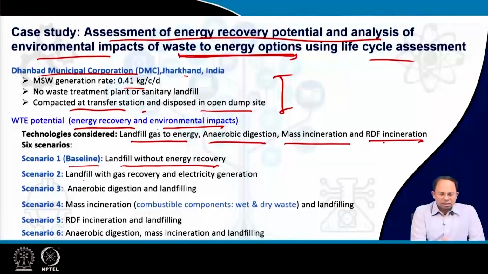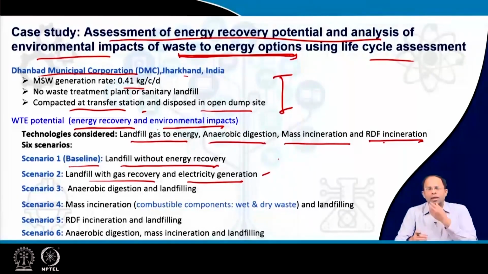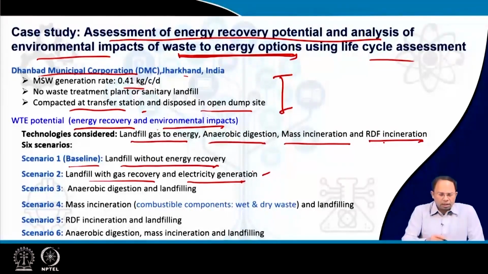The second scenario is landfill with gas recovery and electricity generation. That means the CH4 methane that would be collected would be utilized for electricity generation. Not the entire CH4 is collected, but maybe 70% of it is collected, and that is used for producing electricity. Third, anaerobic digestion and landfilling. That means the organic waste goes for anaerobic digestion and the dry waste goes for landfilling.